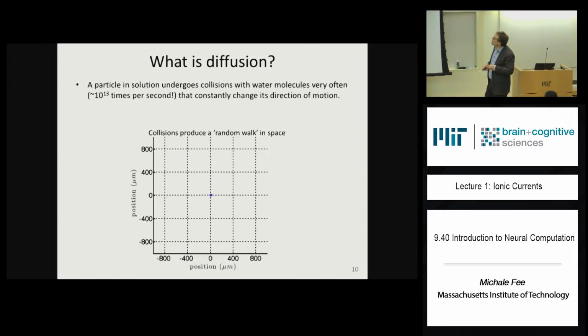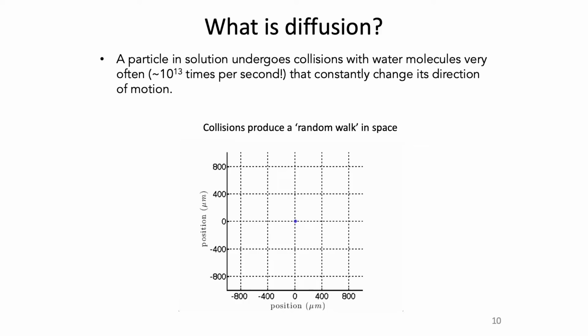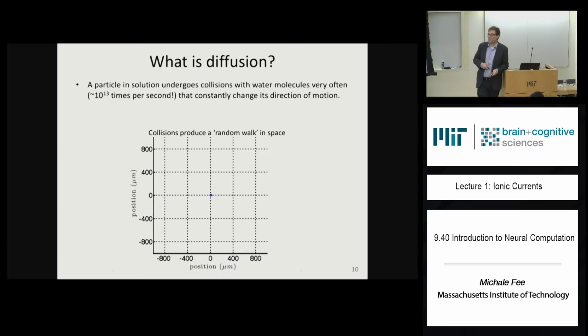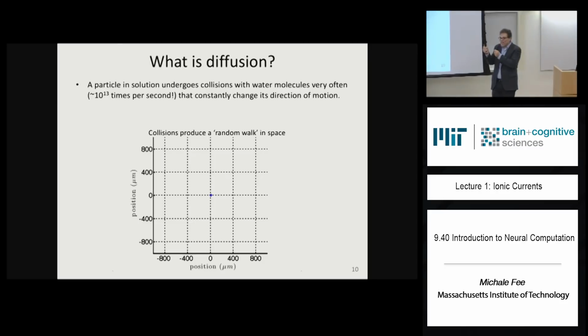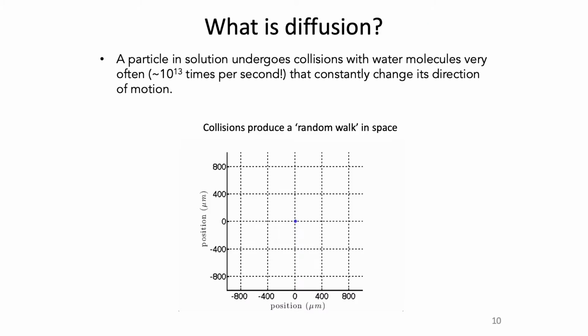So in solution, a particle collides with a water molecule about 10 to the 13 times per second, 10 to the minus 13 seconds between collisions. So the particle is moving a little bit, crashing, moving in a different direction, crashing, moving in a different direction, crashing. If you follow one particle, it's just jumping around. It's diffusing.